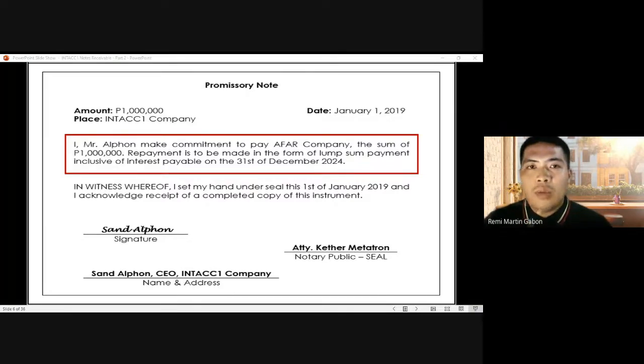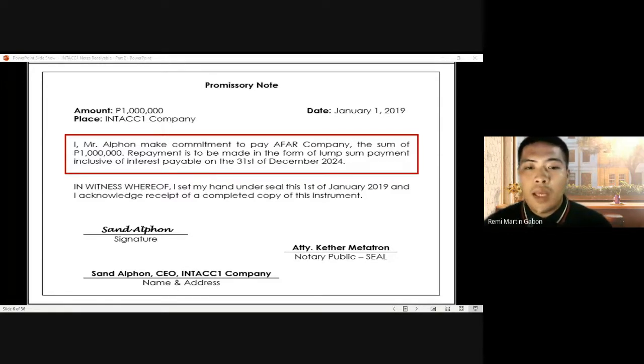So take note, kapag interest bearing, the 1 million does not include yet the interest, meaning the face amount is equivalent only to the principal amount of such promissory note. But if we're going to move to the perspective of non-interest bearing, for non-interest bearing, that amount of 1 million already includes the interest.